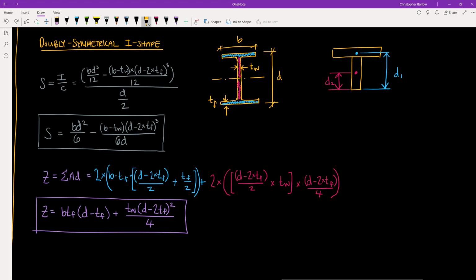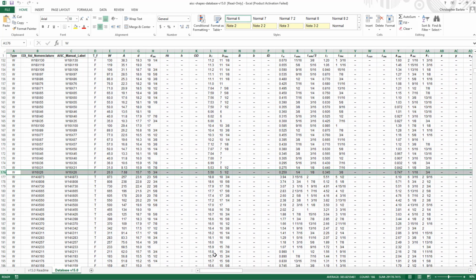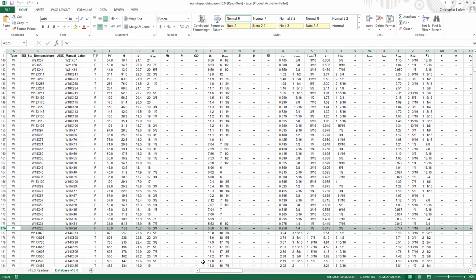For this course, if I ask you what the stresses are in a wide flange beam with a bending moment, I'm going to provide you with the plastic section modulus, which is also given in tables from AISC. And you can actually download this spreadsheet yourself.